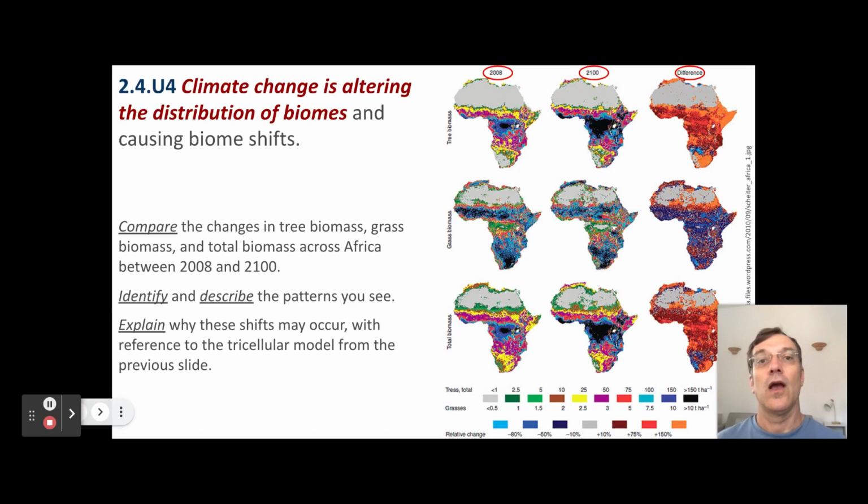We can't talk about the way that climate is responsible for the distribution of biomes without recognizing that a changing climate changes the distribution of biomes around the world. This map on the right shows the projected change in biome distribution on the African continent from 2008 up through the start of the 22nd century, right, and the difference that you find between them.